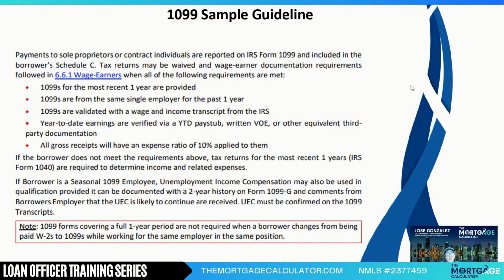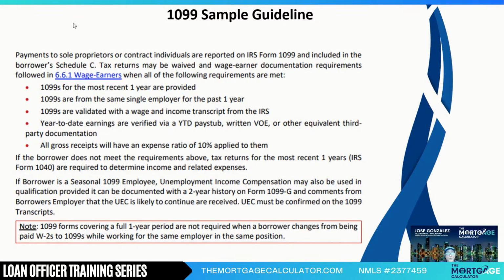Now, the one thing to note, and I guess this probably could have been the number one bullet, but remember here they're stating in this particular guideline these 5 bullet points are the bullet points that you would have to meet so that you do not have to provide the tax return. That's the whole point here, right? Tax return is probably going to have a lot of unreimbursed business expenses that will knock down our gross income.